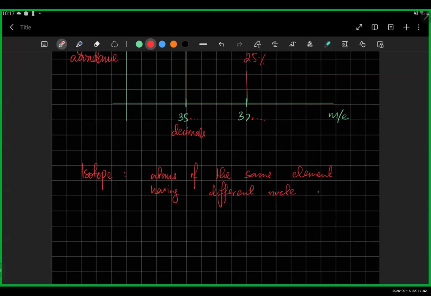Now don't write atomic mass over here. Different nuclear numbers, which is I'm counting things. So they have different. अब वो marks काट देंगे. ठीक है. Don't write different atomic mass. ठीक है. Atomic mass is the mass. They have different nucleon numbers. ठीक है. You're counting the number of nucleons, but same proton number.